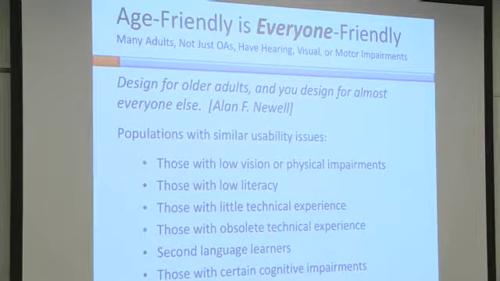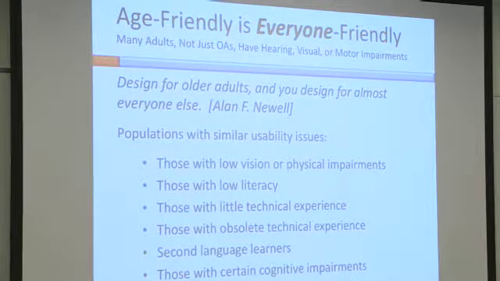Well, the British researcher who studies older adults and the uses of technology, named Alan Newell, says if you design for older adults, you design for almost everyone else. So there are lots of people who have similar usability issues. That is, people with low vision, people with low literacy, people with little technology experience.